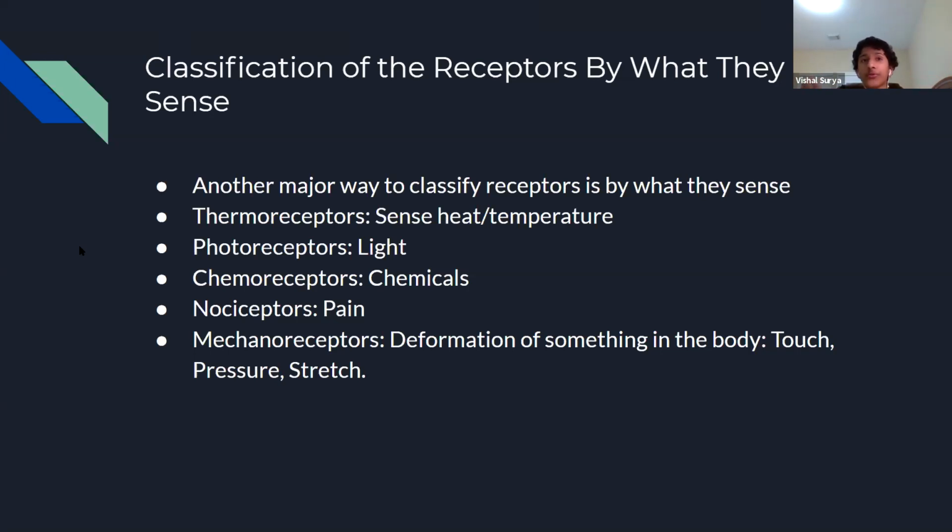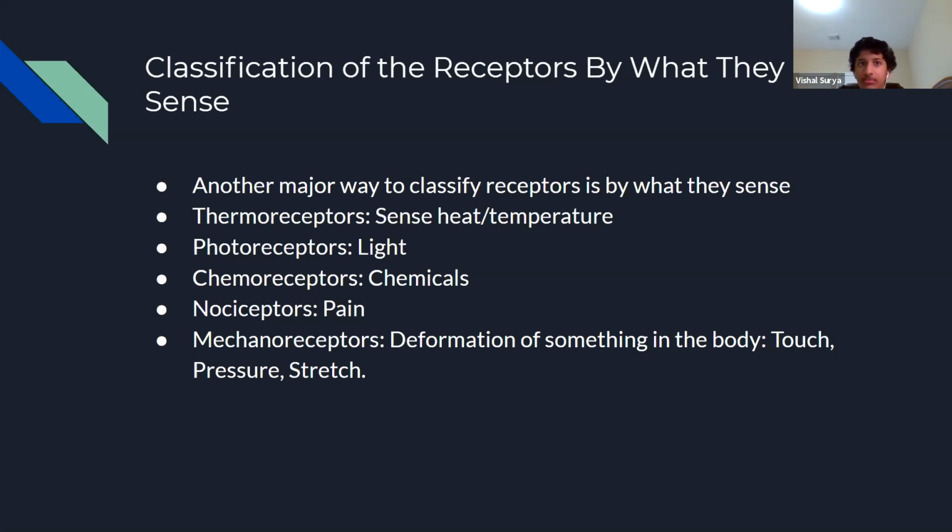And then the last one's also pretty important to write down. These are called mechanoreceptors. But if it's too advanced, you don't really have to. Mechan means mechanical, so like deformation of something in your body, like you're stretching something or you put pressure on it. But you don't really have to know that for now. The main ones we'll be discussing are the photoreceptors and the chemoreceptors anyways.